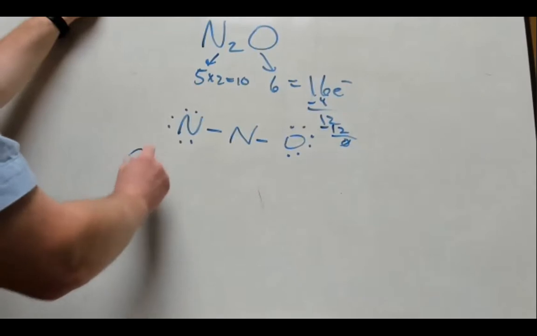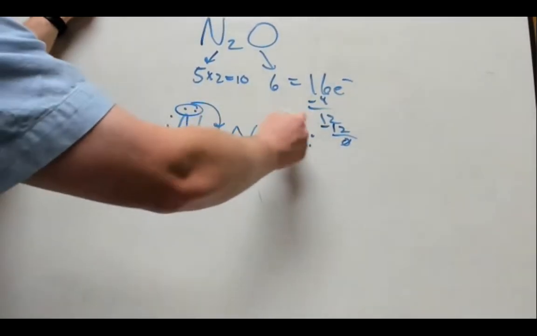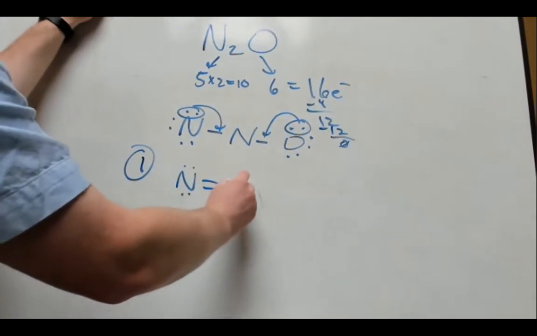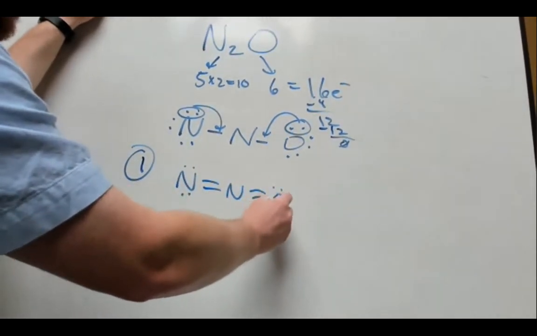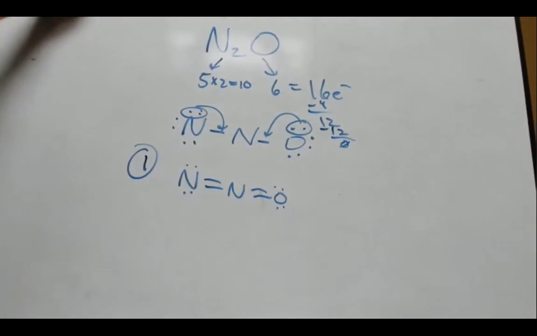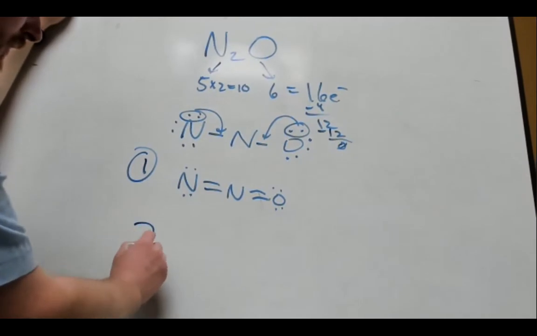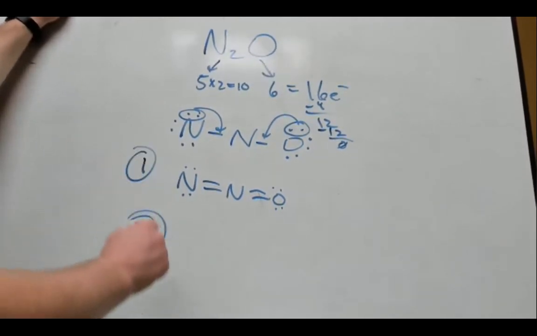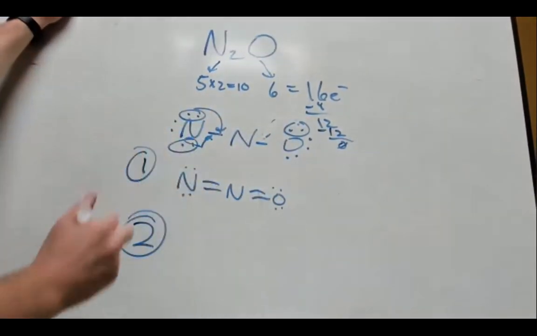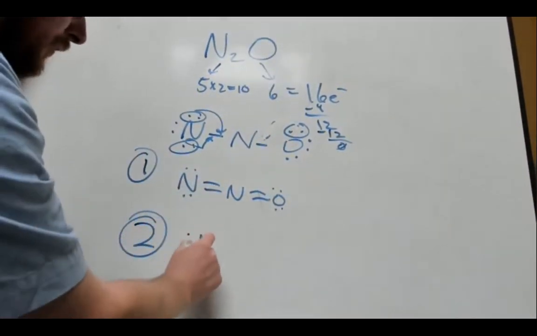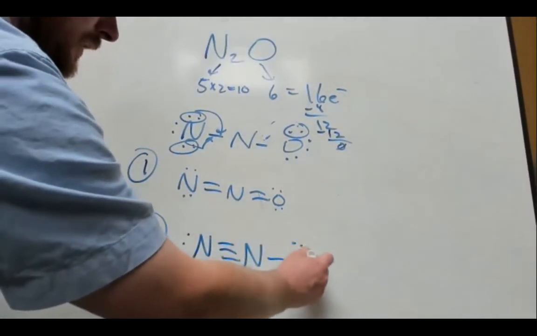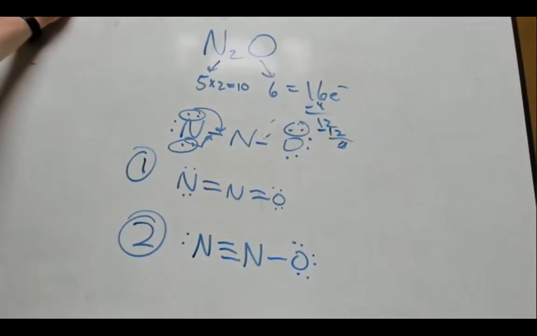So I'm going to do resonance structure number 1. It is this. Resonance structure number 2 is going to be this. I'm going to drop this in here and take this away, so I'm going to make a triple bond, because remember, you can make a triple bond between 2 different atoms in a molecule.